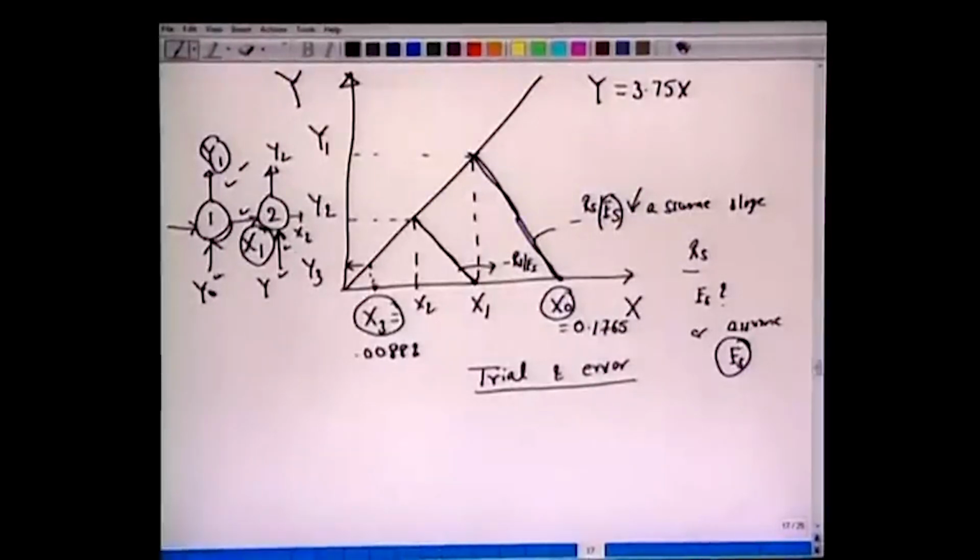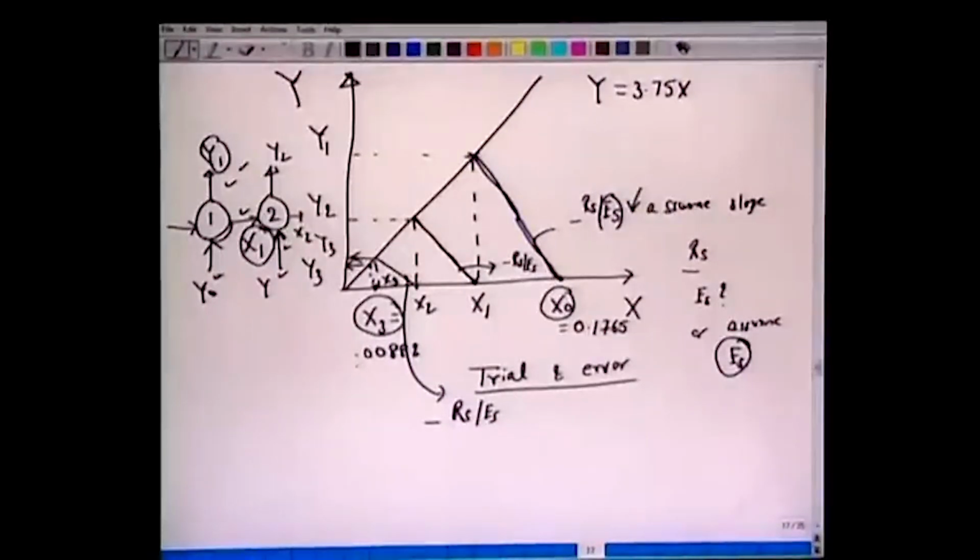Now we start the third stage and draw the same parallel line with the same slope, minus Rs over Es, to obtain y3 and x3.